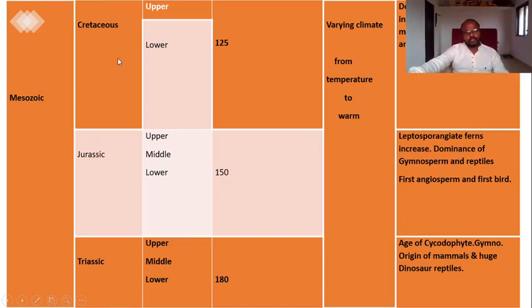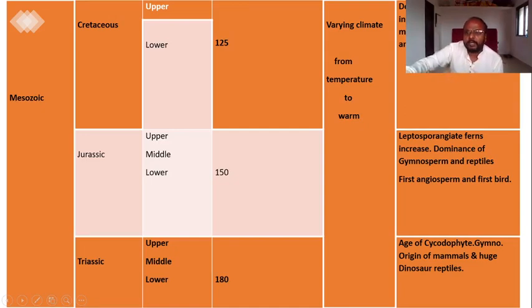Then in the Mesozoic, the third period is Cretaceous. This Cretaceous is again divided into upper, middle and lower Cretaceous, and the time is 125 million years ago. The climatic condition is the same, a varying climate, maybe temperate or maybe warm, so there is a colder climate as well as a warm climate.